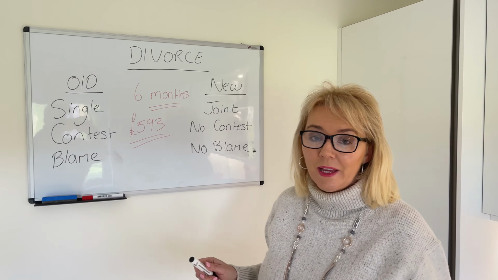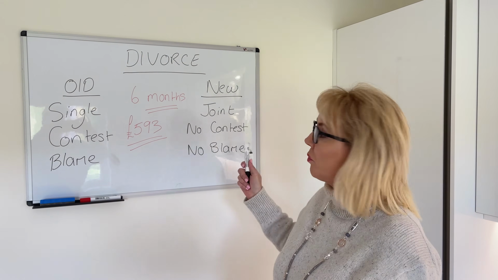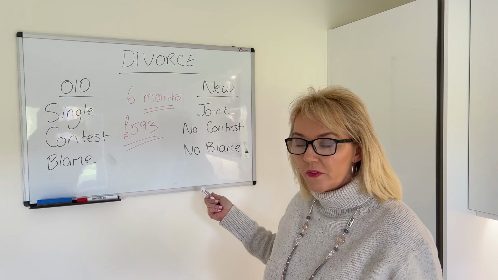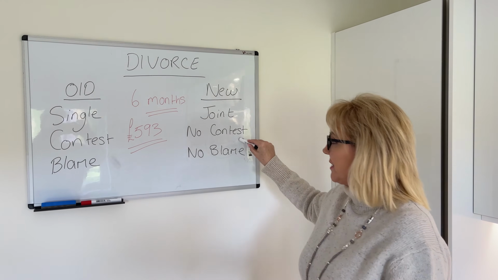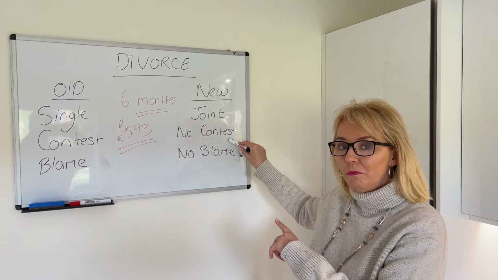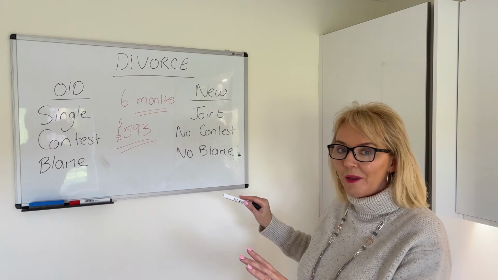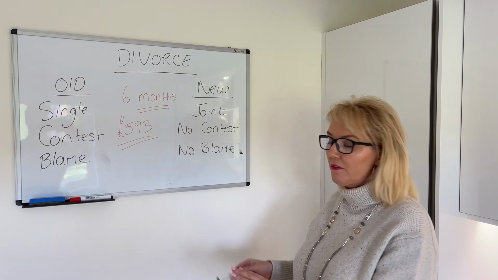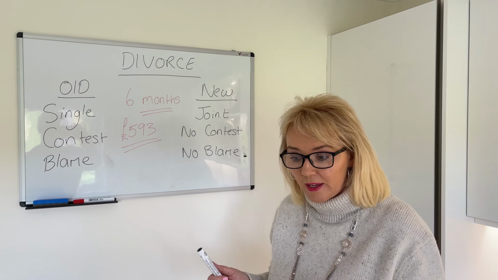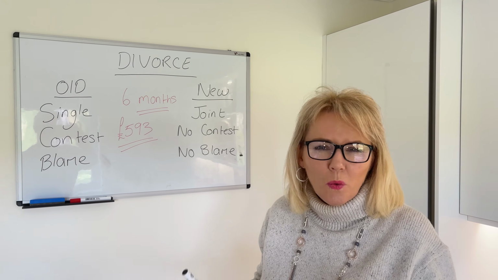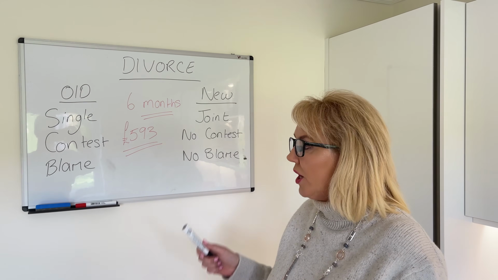The question I'm being asked a lot at the moment is, should we wait? Should we wait to do it on the 6th of April or should we just kick it off now? It's very attractive to wait until the 6th of April because then we have no blame. It can be a joint application if you want it to, and the other side can't contest it. But I think the bigger thing, or the best question to ask yourselves, is, can we wait?